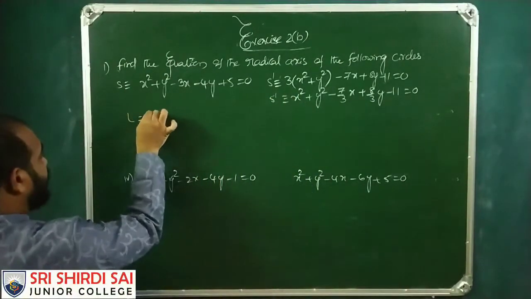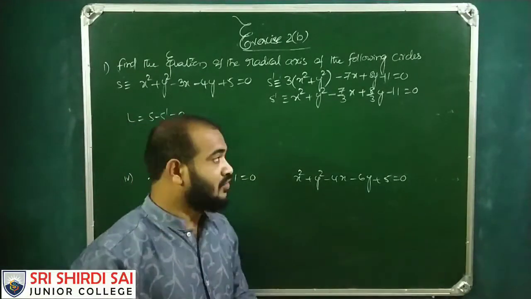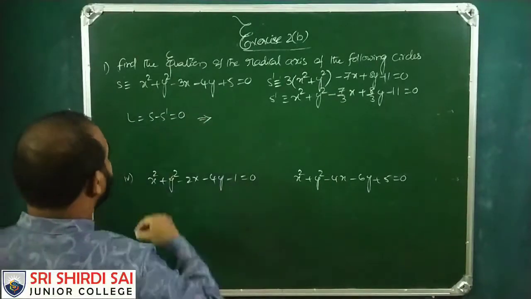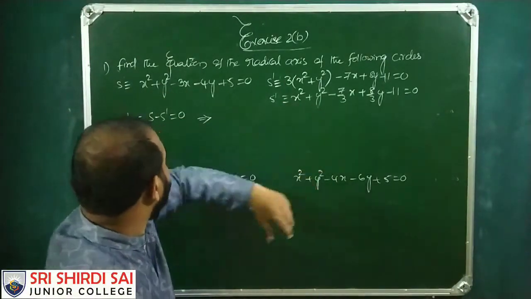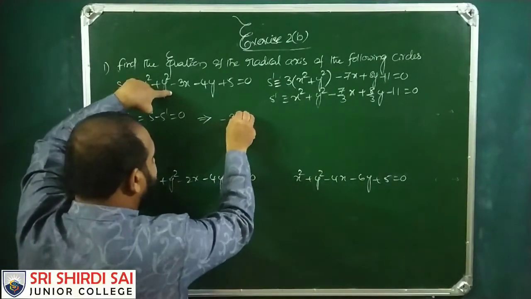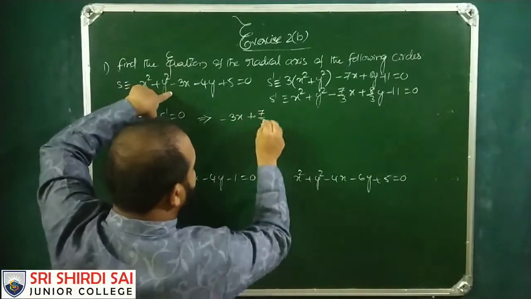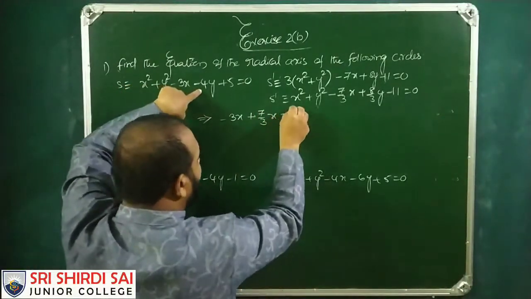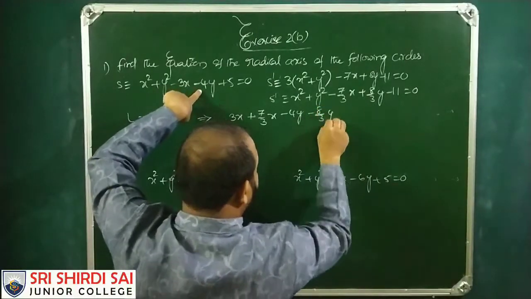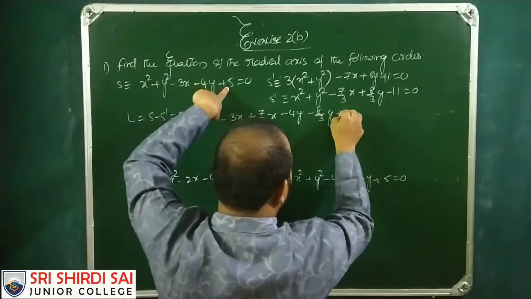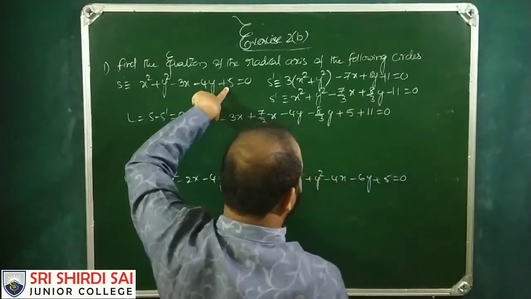Now L equals S minus S dash equals 0, or S dash minus S equals 0. So x square plus y square minus of x square plus y square gets cancelled. This is minus 3x minus of minus 7 by 3 x, minus 4y minus 8 by 3 y, plus 5 minus of minus is plus 11, equals 0.